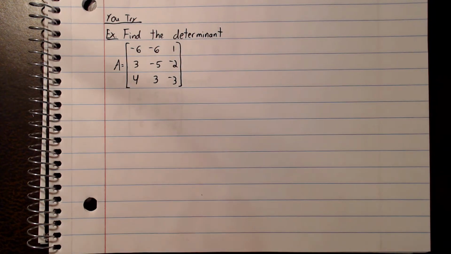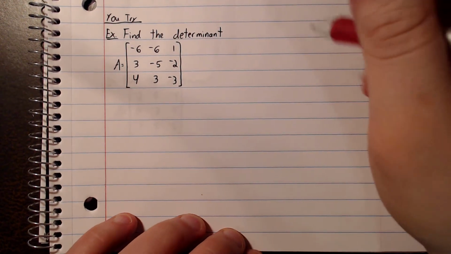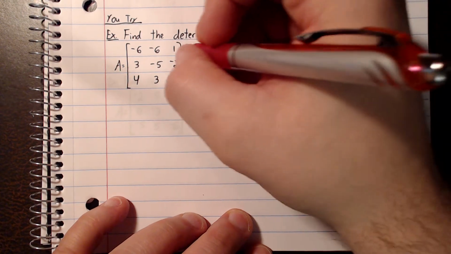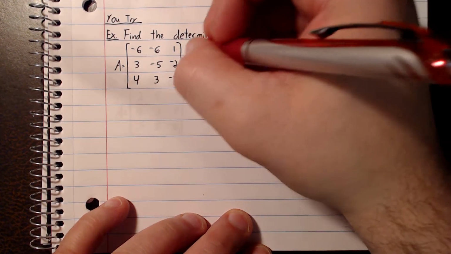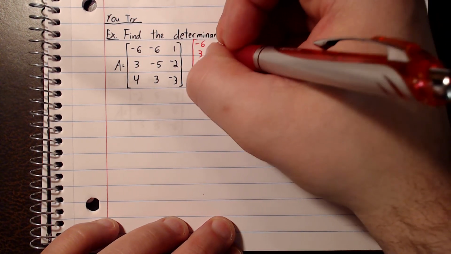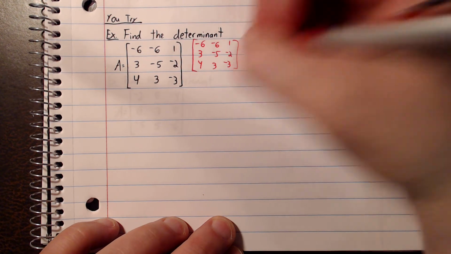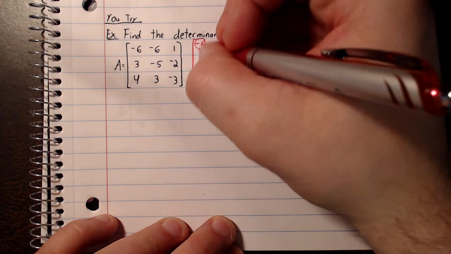All right, let's check it out. It doesn't really matter which one we do. I'm just going to do the top. Okay, so negative 6, 3, and 4. All right, we're going to do this first entry.